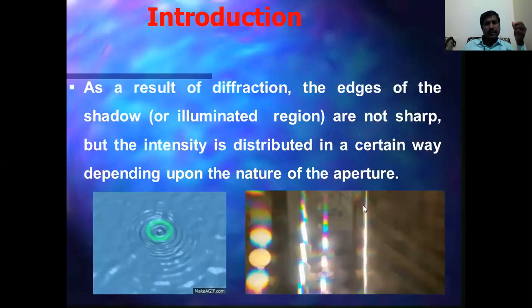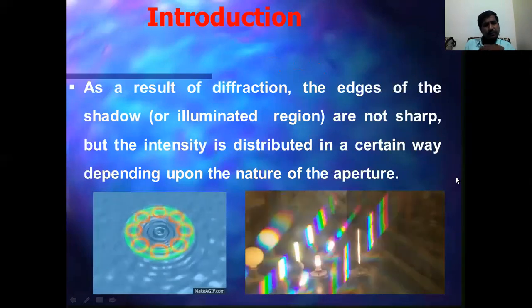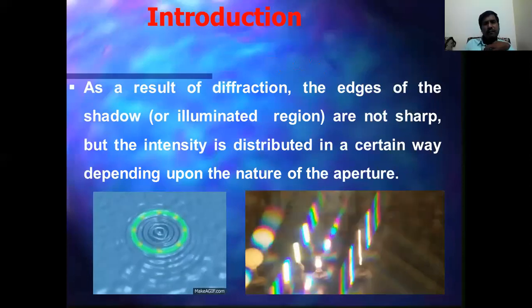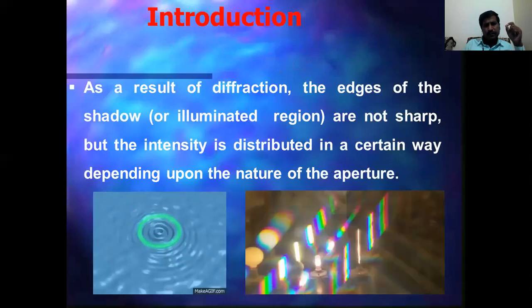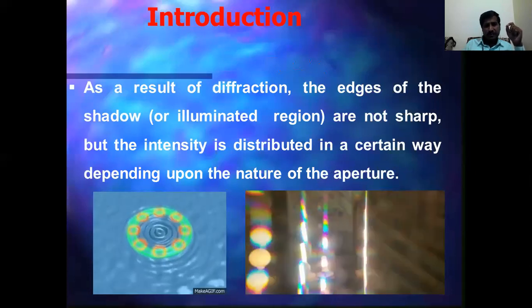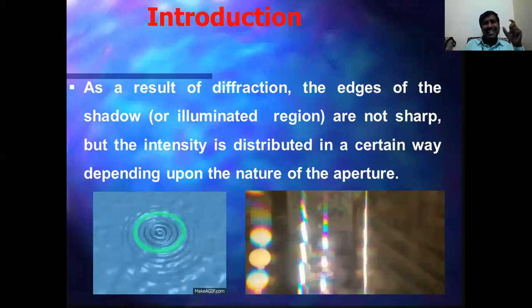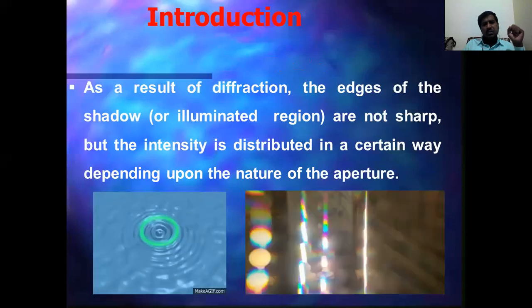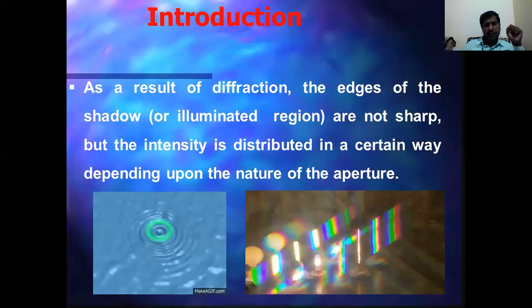Okay. Here you can see what the diffraction is also. As a result of diffraction, the edges of the shadow are not sharp, but the intensity is distributed in a certain way depending upon the nature of the aperture. ఇక్కడ చూసినట్టయితే మనకు what results we got from the diffraction.